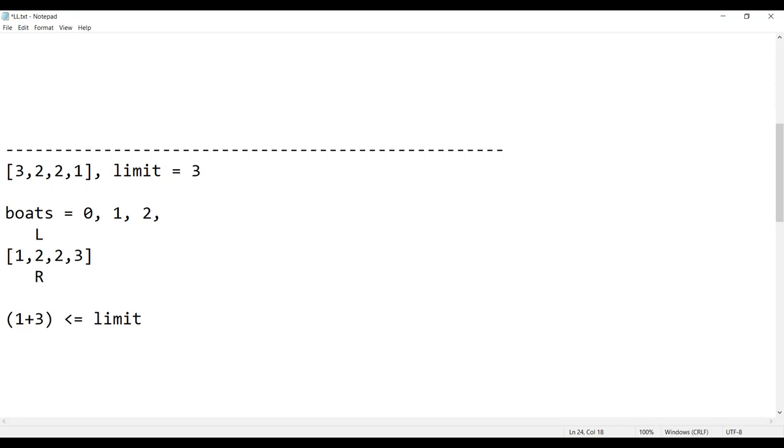So it will be another 3. So using sorting and then a 2-pointer approach, this can be solved, but the time complexity will be O(n log n).